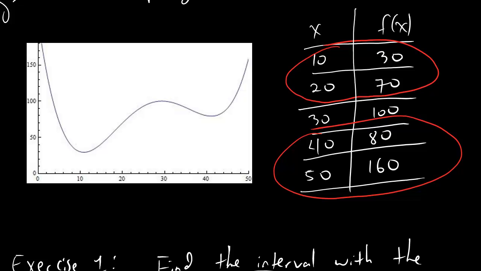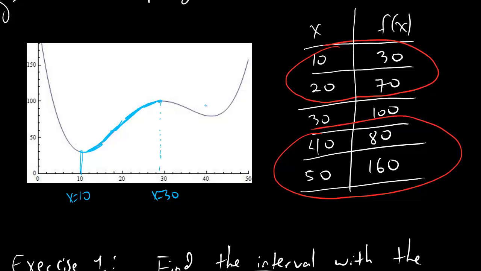And let's mark these guys in blue. So to me, it looks like f of x is increasing from right here all the way through right there. Let's go ahead and call that x equals 10 to x equals 30, roughly speaking. So there's a place where it's increasing.